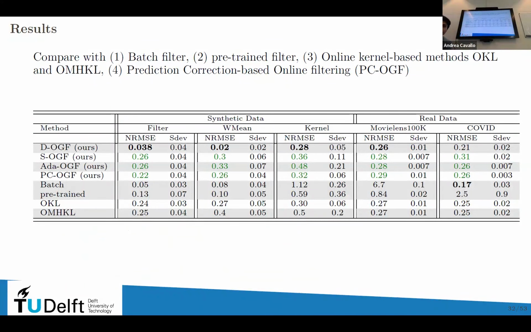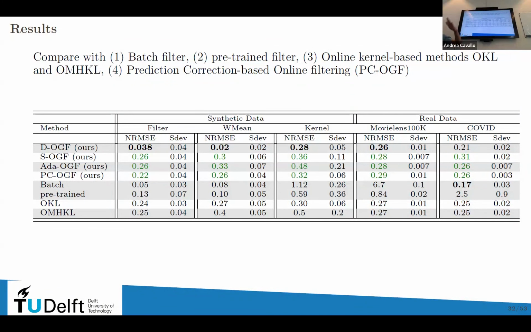And yeah, in this case, we have some results where we compared with batch filters, pre-trained filters, and some kernel-based methods, which are also online kernel-based methods, which are nice alternatives to filters, but they make some prior assumption about what type of kernel you use. And of course we also have this PCOGF, a prediction-correction based online filtering, in which, in the stochastic case, we do a stochastic prediction and a deterministic prediction.